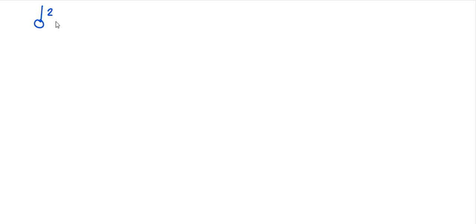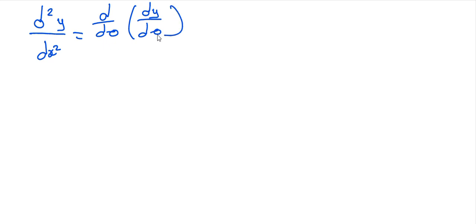If we want to find it, d squared y over dx squared is going to be d over dtheta of dy over dx, all over dx over dtheta.